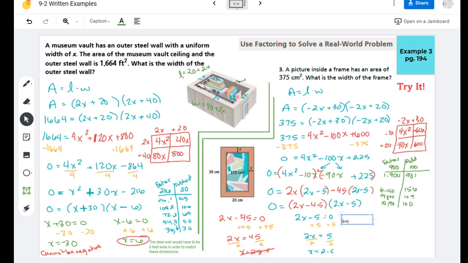There's actually enough room to fit it. So to answer my word problem with my word answer, the width of the frame would need to be 2.5 centimeters to match the given dimensions.